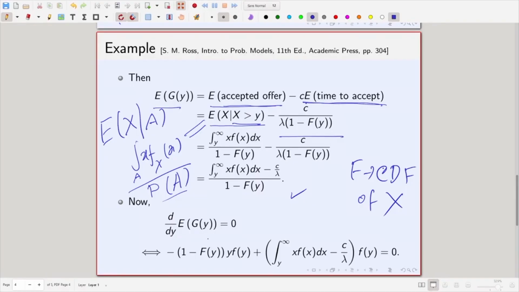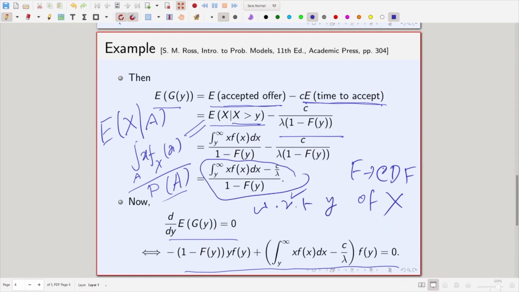So, we differentiate this E[G(y)] and equate it to 0. If you do the derivative and equate it to 0, you will see that it is equal to 0 if and only if this quantity is equal to 0. This calculation you can easily do by simply differentiating this quantity with respect to the variable y.